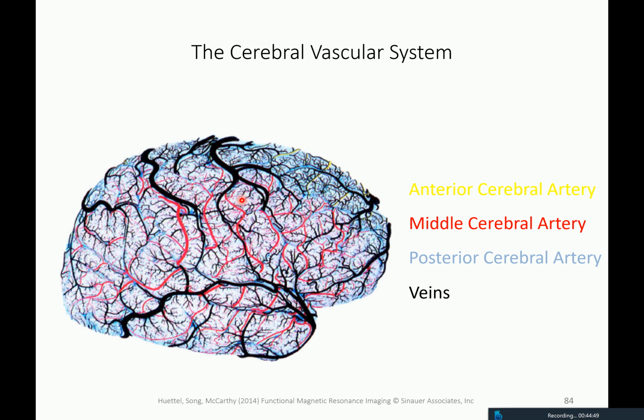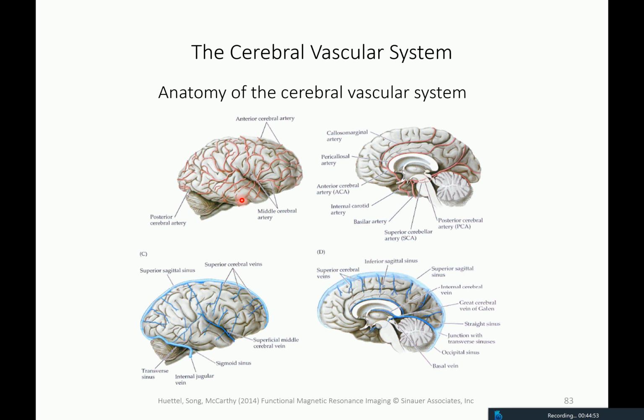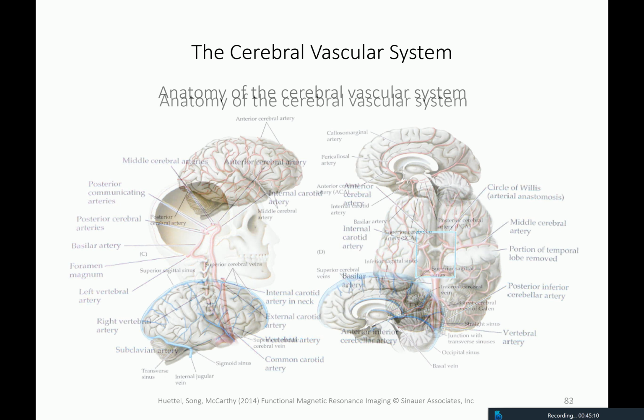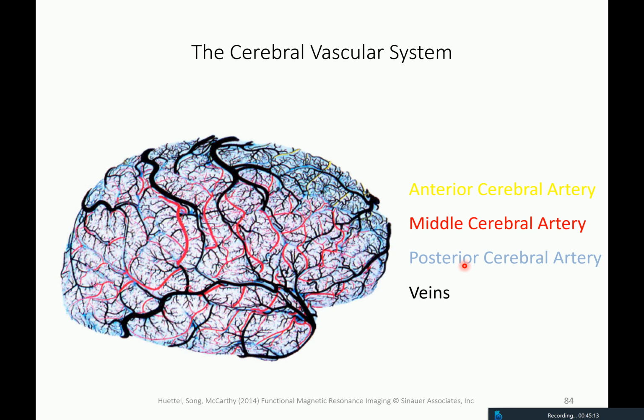Usually you can see the circle of Willis, where all these connect. It makes sense to look at them, and then you know what they are. But these smaller things you actually don't see in fMRI or T1 images.